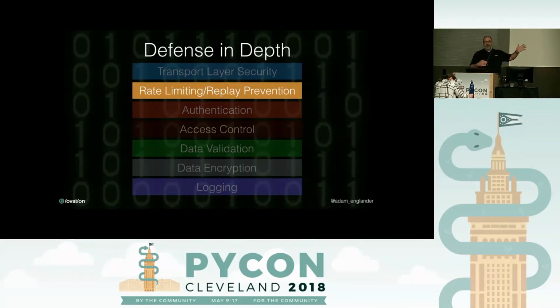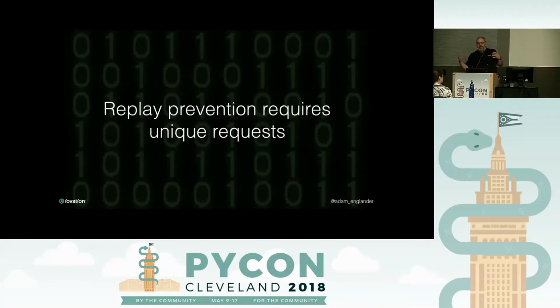Replay prevention means that you find some unique thing that you can require for requests. We'll go over that in depth in the examples, but you have to be able to uniquely identify this request somehow. And that may be you require someone to put a token, a nonce, into the headers, whatever that case may be.